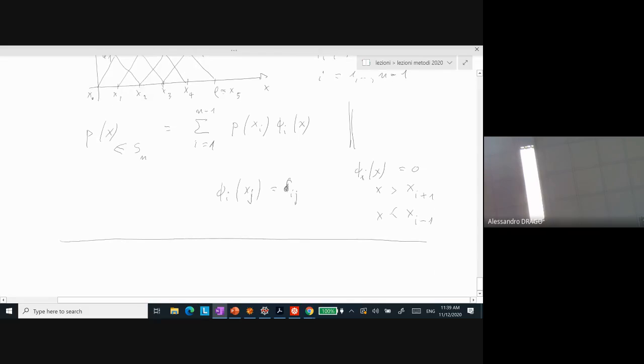Well, yes, because if I take p of x_j, where x_j is one of the points of the grid, we just substitute, and what I get is phi_i of x_j, but phi_i of x_j is delta_ij, and therefore this is just equal to p of x_j.